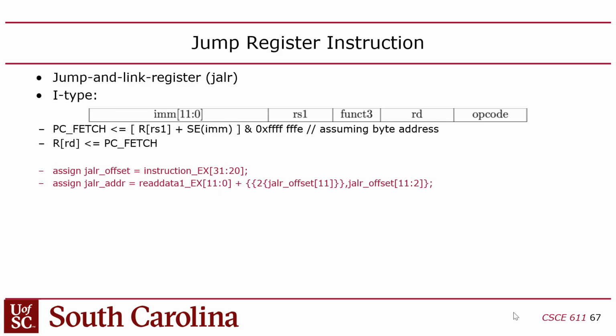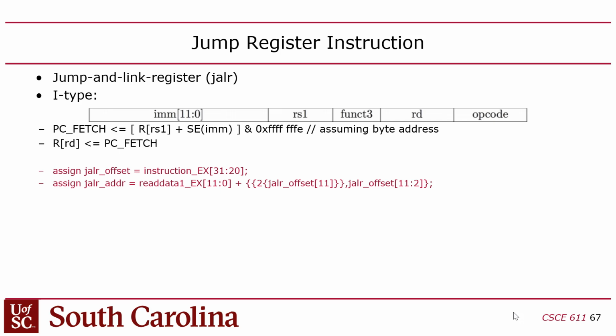So that's what they're doing here by masking off bit 0, is that they're ensuring that whatever was in that register is aligned on the 16-bit boundary. Again, I don't know what the rationale for that is, but that's what you expect when you get the code from the assembler, right? So you have to make sure that you implement it that way in order to be consistent with the spec, the RISC-V spec.